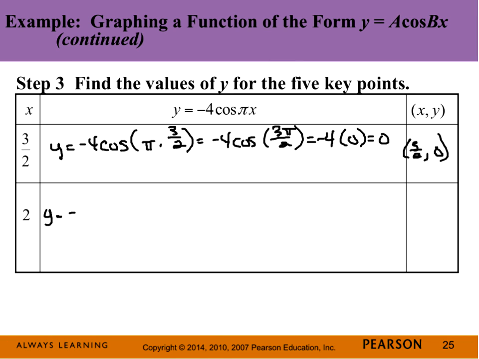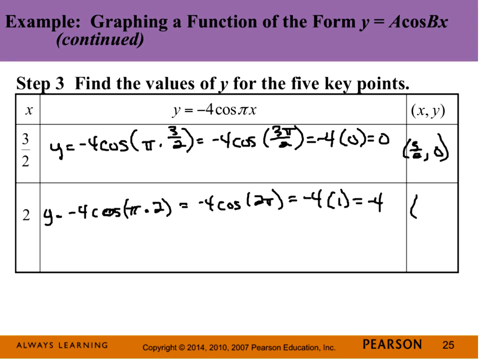And the last one, -4 times the cosine of pi times 2, -4 times the cosine of 2 pi, and the cosine of 2 pi is 1, so I get -4, and that's the point 2, -4.